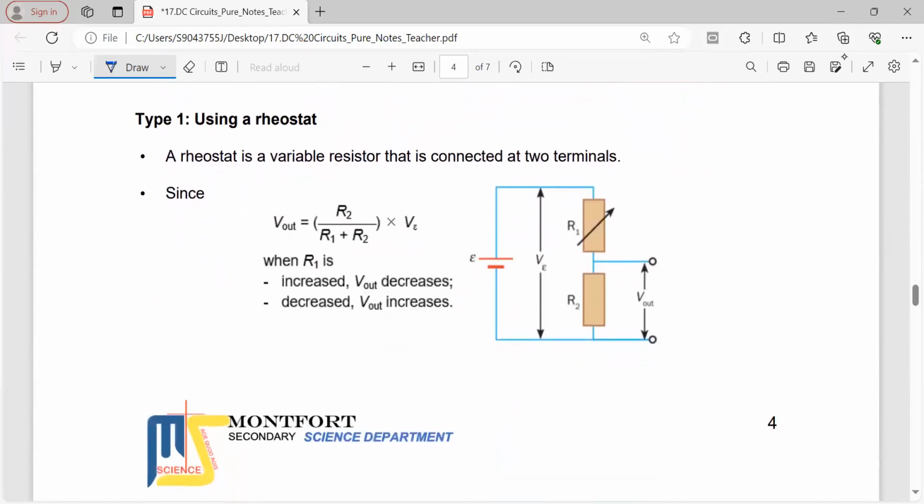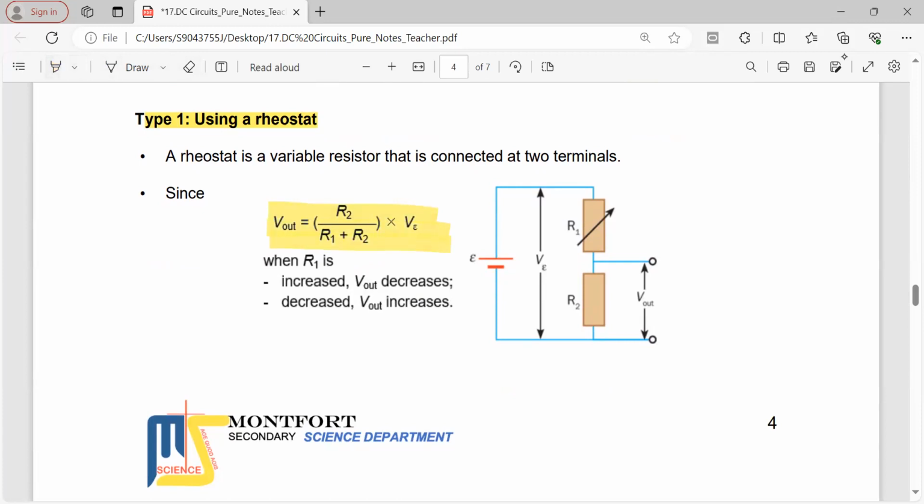Okay, so first, type 1, rheostat. For a rheostat, it's a variable resistor connected at the two terminals. Same formula as before. We have derived this formula.